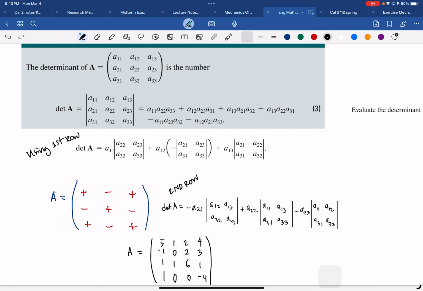What it means is that first we cover this part, so we need to find this determinant. Maybe the better way to solve this is to calculate the determinant in a separate place, and then later compute it as one. But I don't think this will work in an exam, since it will take time. So I don't think I will put a 4 by 4 in the exam, at most a 3 by 3.